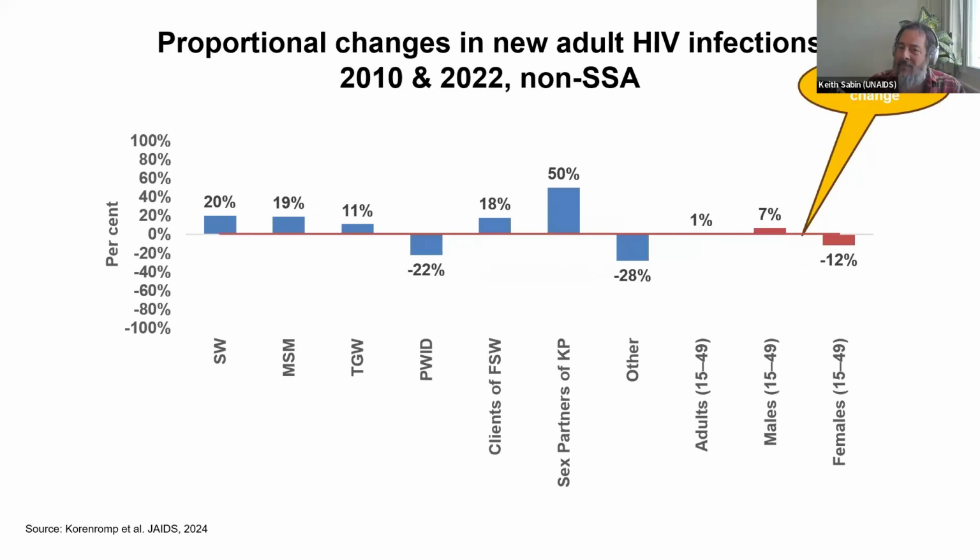We can see that outside of sub-Saharan Africa, the total adult population has experienced very little change. It's nearly 0% change. And among key populations, most of them have experienced an increase in the number of infections that they're experiencing.